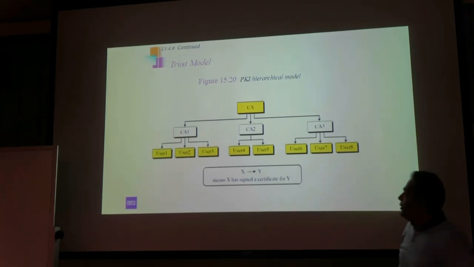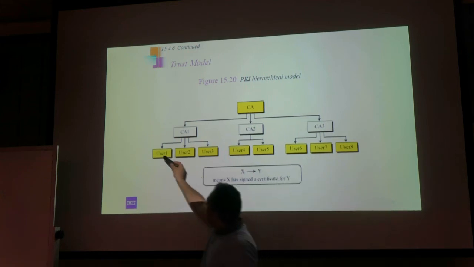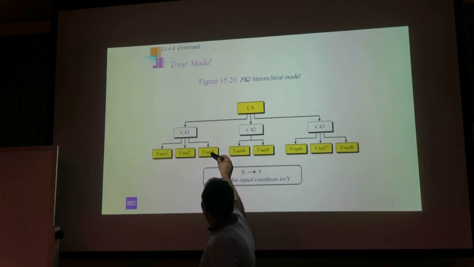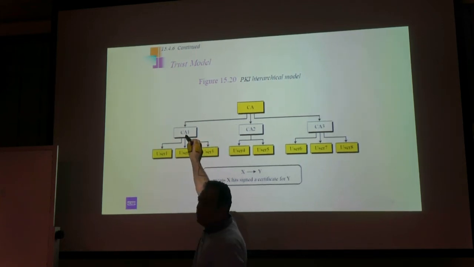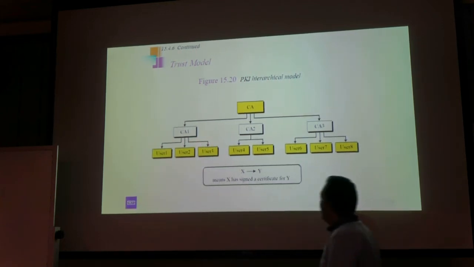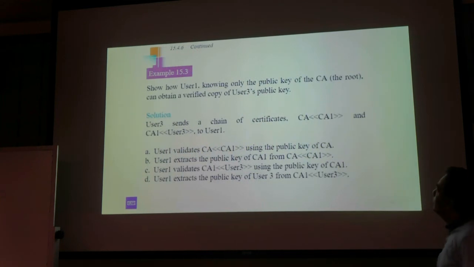Now, for example, if user 1 would like to get the public key of user 3, they have to go through certificate authority 1, and so on. This is an example showing how user 1, knowing only the public key of the root CA, can obtain a verified copy of user 3's key.